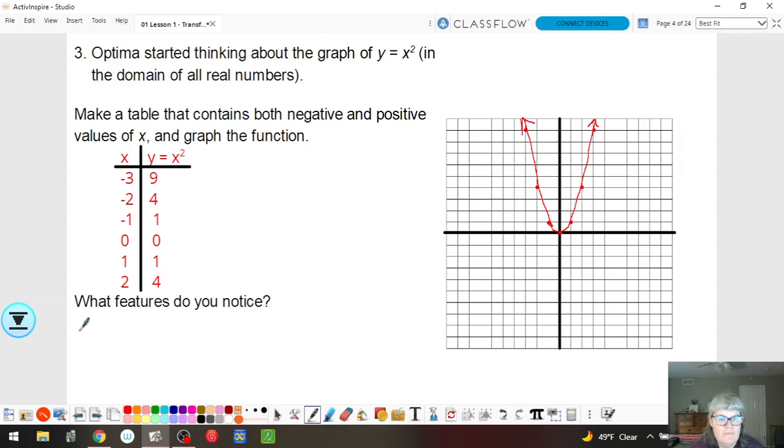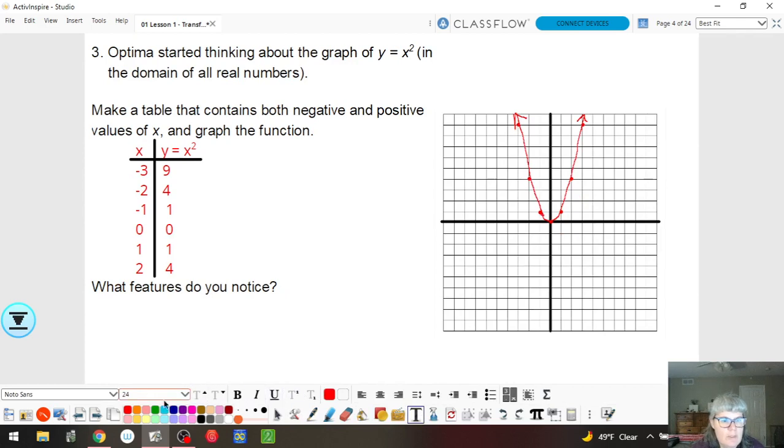So what are some of the features that you notice? Some things that were mentioned in class was that we have a vertex at 0, 0. It has a minimum.